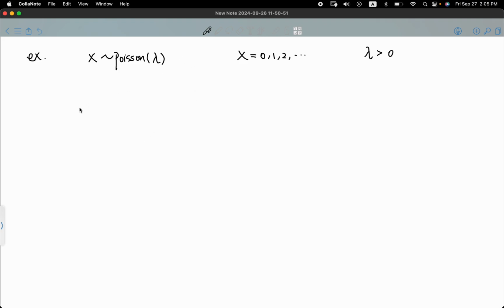Now let's also write down the probability mass function, which is e raised to the power of negative lambda, and then lambda raised to the power of k, over k factorial. This is for the case that X is equal to a particular integer, and then you can plug in to get the probability mass.